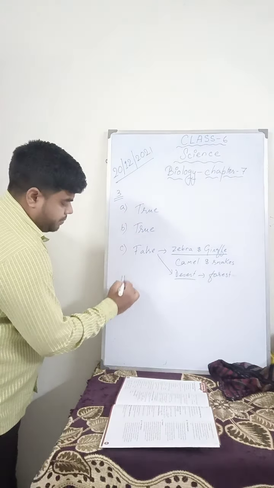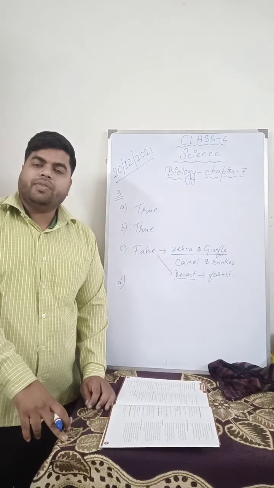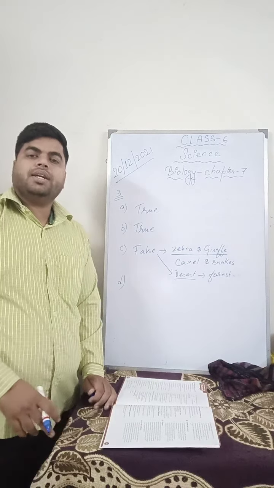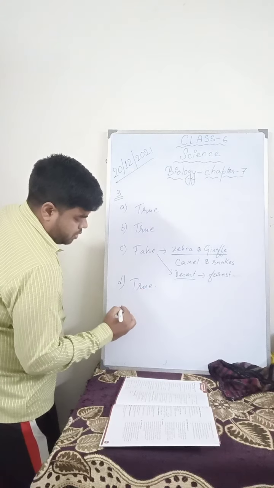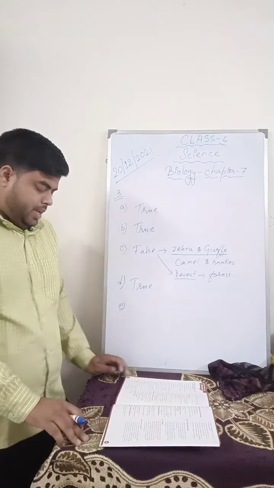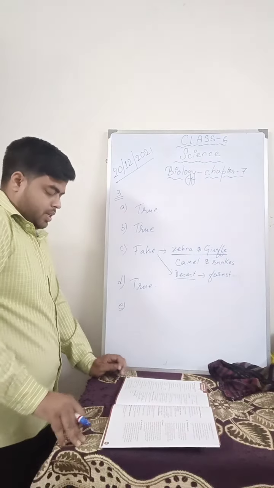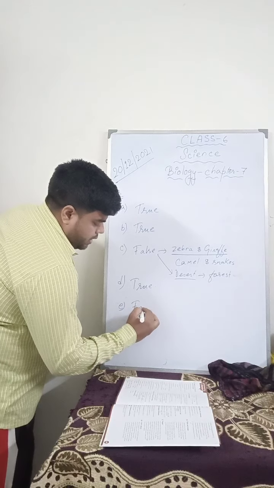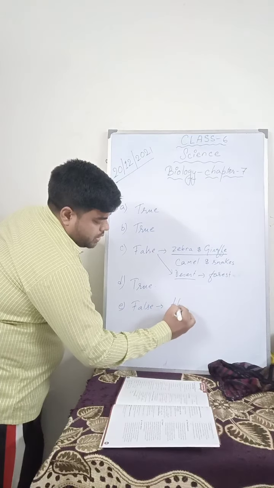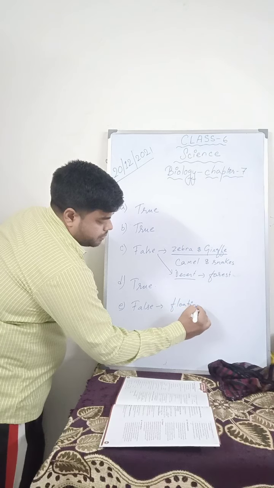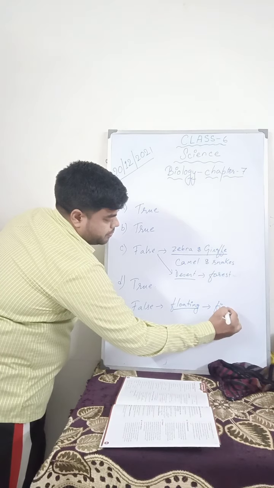Number D. Desert plants are called xerophytes. Yes, the plants that grow in the desert are known as xerophytes. True. And number E. Water lily is a floating plant. False. Water lily is not a floating plant. It is a fixed plant. So instead of floating, you can write fixed.